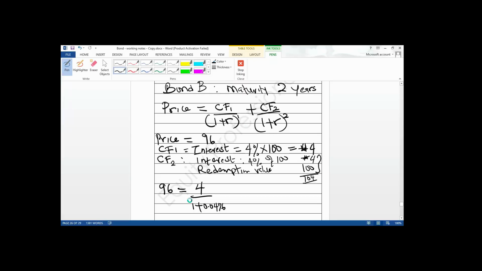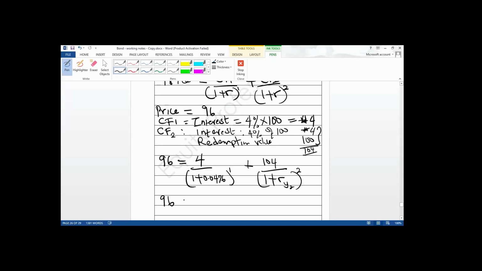Then interest plus redemption divided by 1 plus R in year 2, which we don't know yet, raised to power 2. So 96 is equal to 4 divided by 1.0476, which is 3.818, plus 104 divided by 1 plus R in year 2 raised to power 2.